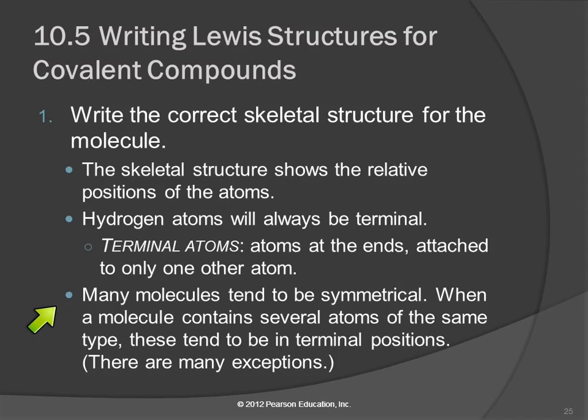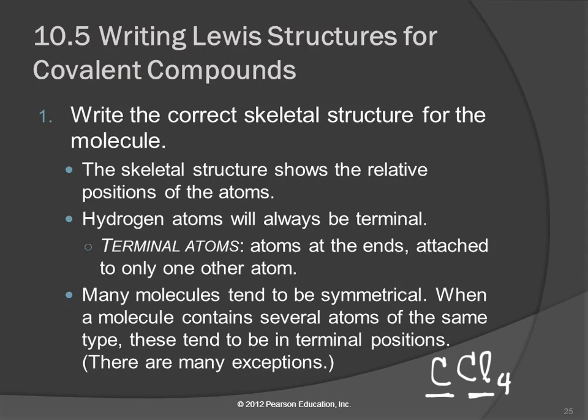Another guiding idea is that many molecules tend to be symmetrical. So if you have a molecule that contains several atoms of the same type, like if you had something like carbon tetrachloride, CCl4, where you've got one carbon and 4 chlorines.